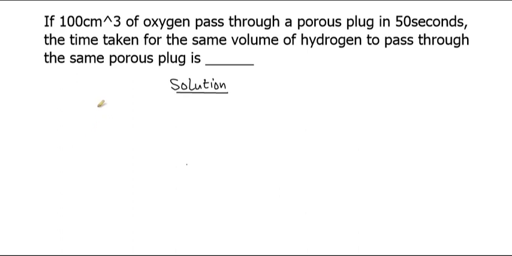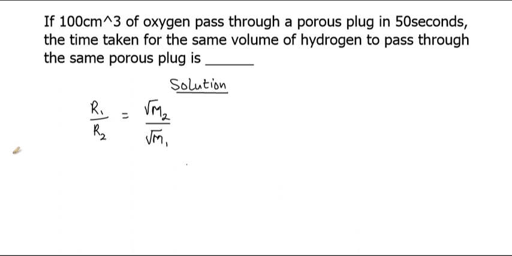So mathematically, when two gases are involved, we have the equation of Graham's law given as R1 over R2 equals square root of M2 over square root of M1, where subscripts 1 and 2 refer to the first and the second gas.